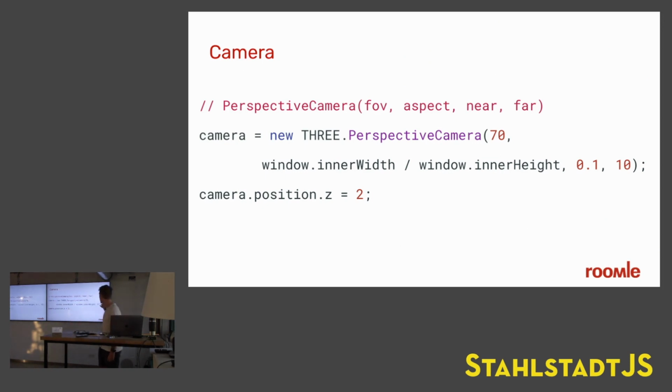For example, in this case, we are setting the near clipping plane to 10 centimeters and the far clipping plane to 10 meters. And Three.js is using right-hand y-up coordinate system. It looks like this. So we have x, y, and z. And this case, we're setting the position of the camera 2 meters closer to us.